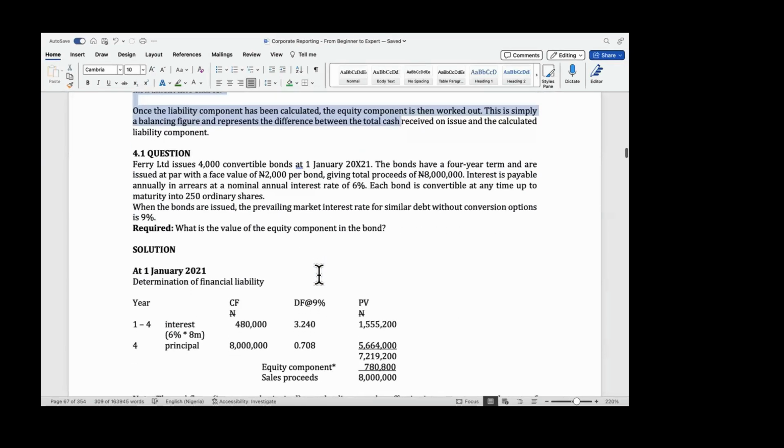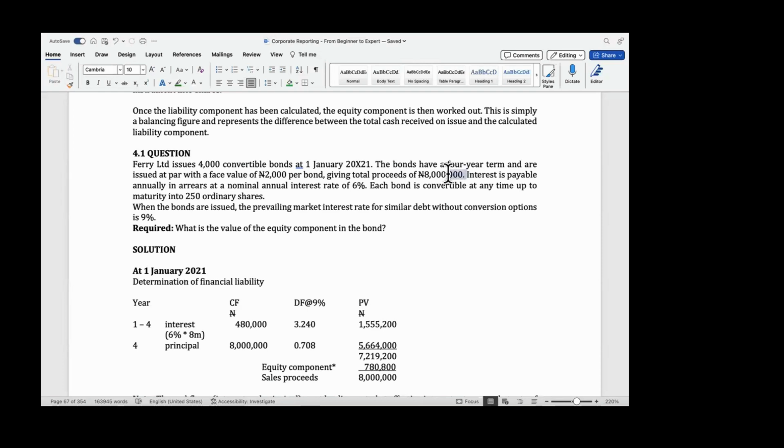Now, this will make more sense with this example. Look at this example here. It says that Ferry Limited issues 4,000 convertible bonds in 2021. The bonds have a 4-year term and are issued at par with a face value of 2,000 per bond, giving total proceeds of 8 million.